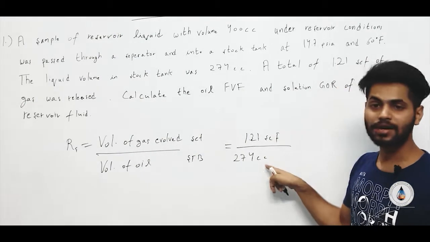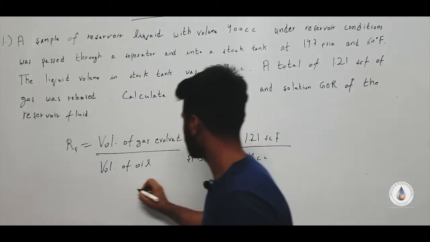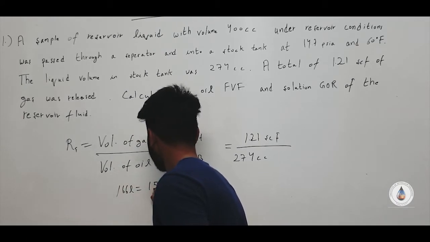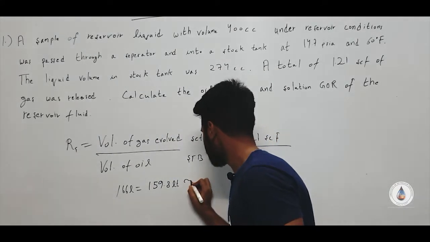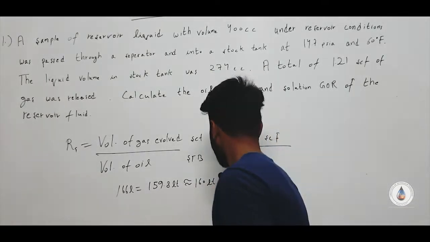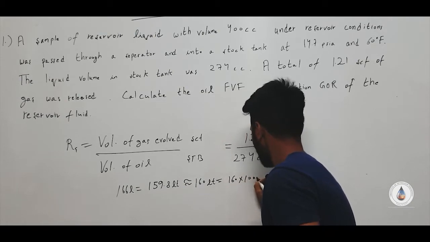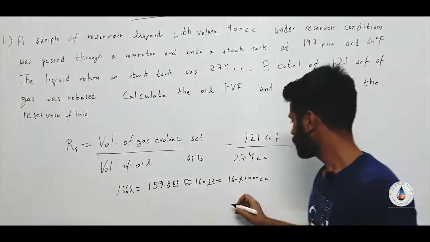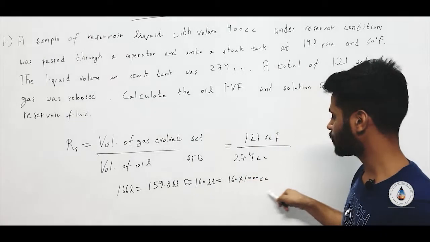So how will we convert cc into barrel? We all know that 1 barrel is basically 159.8 liter, or we can approximate it to 160 liter. This can be further written as 160 into 1000 cc because 1 liter is 1000 cc. To convert cc into barrel, we will just take the inverse of this number.